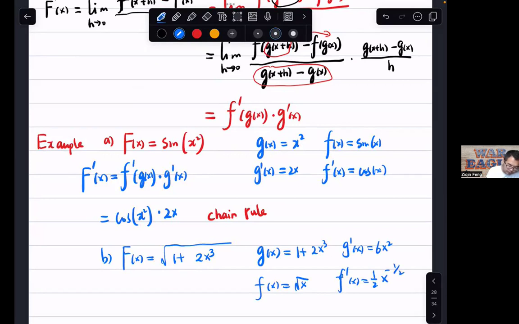So capital F of x prime, applying the chain rule, is the derivative of the outer function with the inner function kept inside, times g prime of x. Plugging in all we have, this is 1/2 times the inner function 1 plus 2x cubed to the power negative 1/2, times g prime, which is 6x squared. This is how we apply the chain rule to evaluate the derivative of a composition of functions.